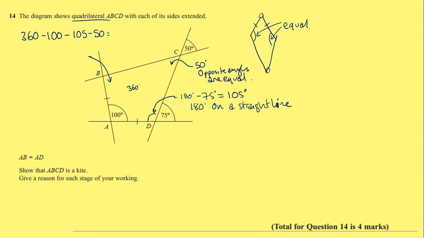So 360 take away 100 is 260. Take away 105, take away 50. Take away 100 is 160. Take away another 5 is going to be 155. Take away 50 is going to equal 105. There is a much easier way of doing that. If you just add these 3 things together and then take it away from 360, you'll get an answer much quicker. Okay, there's 105 degrees.